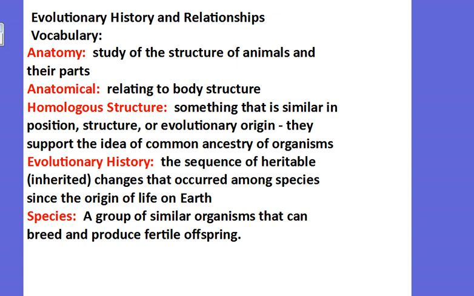And when we look at these things, we can see how closely related organisms are in evolutionary history, depending upon their similarities. And a species is just a group of similar organisms that can breed and produce fertile offspring. So there are many different species on Earth, and you'll talk more about what species mean, I think, in 7th grade. But just in general, species is just a group of similar organisms.